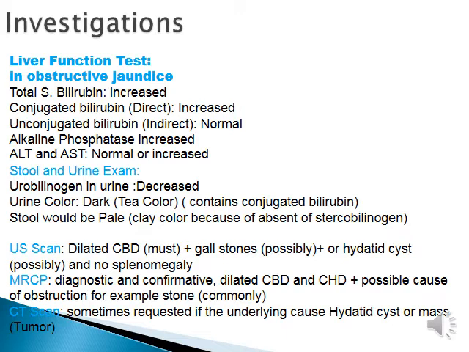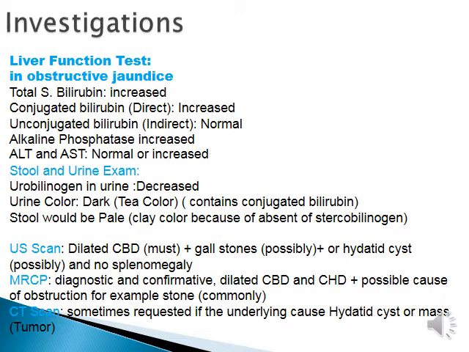In stool and urine examination of a patient with obstructive jaundice, urobilinogen will decrease in urine, and the urine color becomes tea color or dark because it contains conjugated bilirubin. In addition, stool would be pale, clay color because of absence of stercobilinogen.